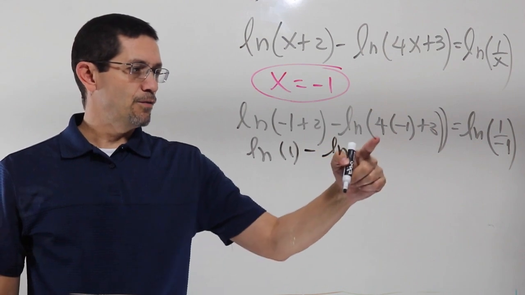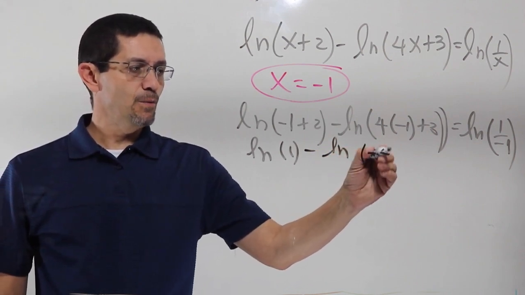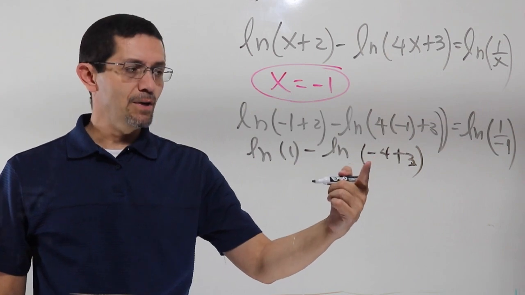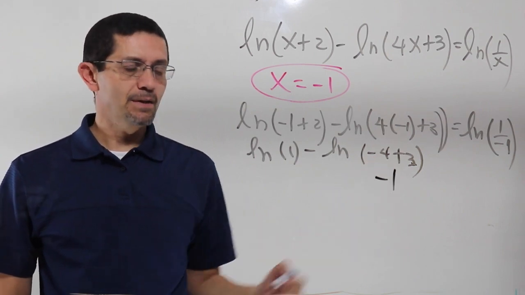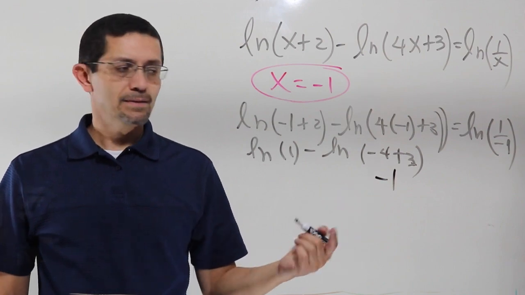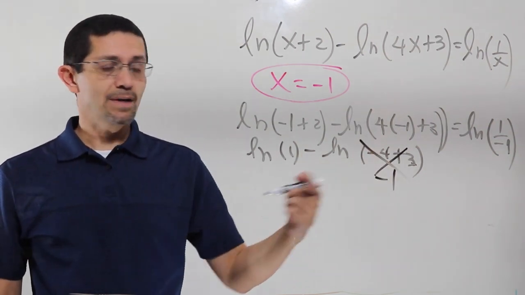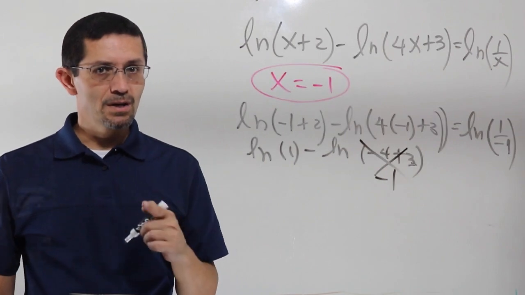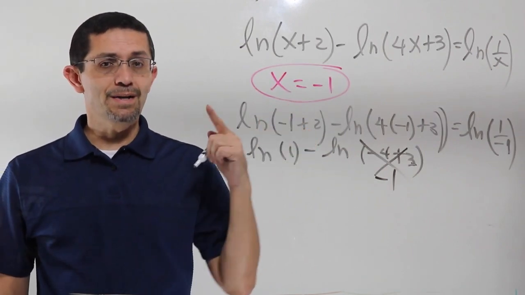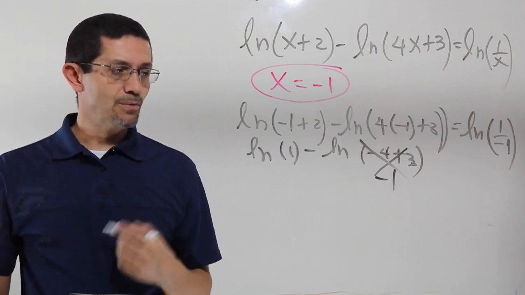Minus ln of 4 times negative 1, which gives negative 4, plus 3. What's happening here? Negative 4 plus 3 gives me negative 1. Can I have the natural log of negative 1? No, I can't. So this is not possible. I cannot have a natural log or any logarithm of a negative number. Therefore, negative 1 is an extraneous solution. So that's not going to work out.